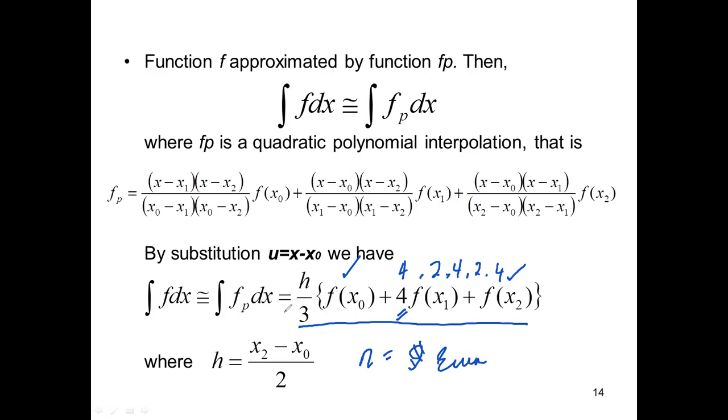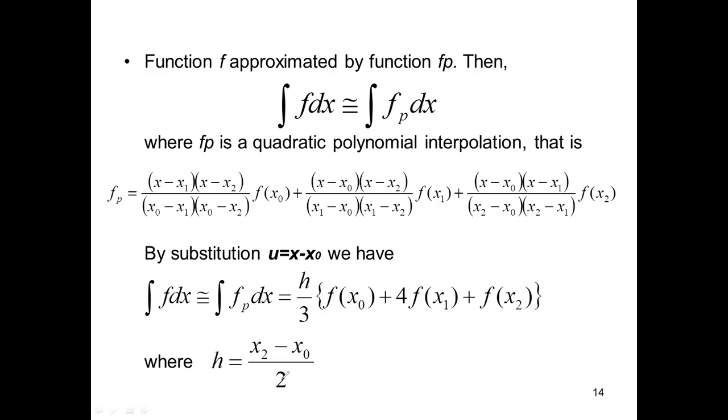Your trapezoidal rule does not have any restriction as to the value of the interval. Your Simpson's rule requires that n should be even. So this is your formula for Simpson's rule. If you'll have something generic for Simpson's rule, it would be something like this.